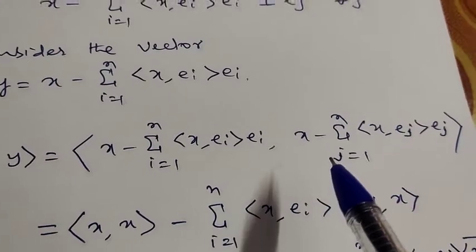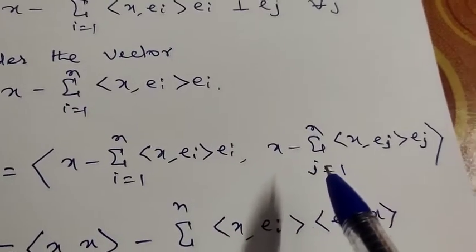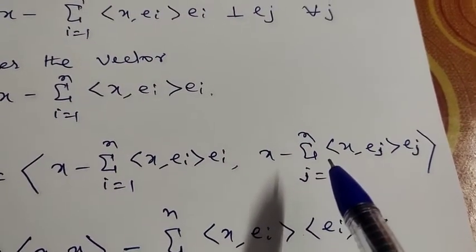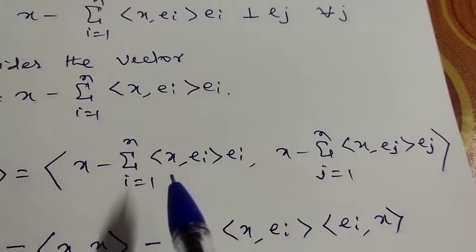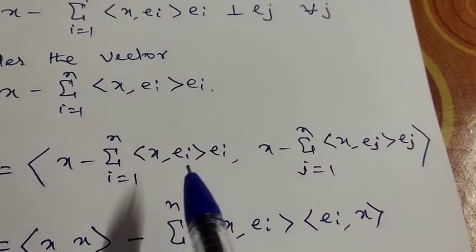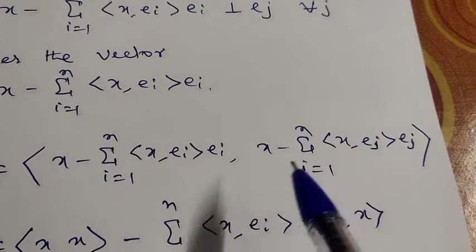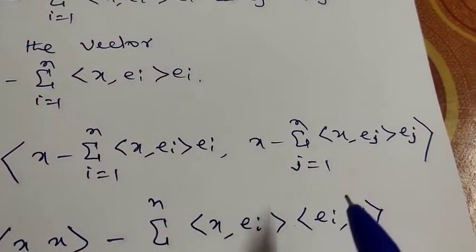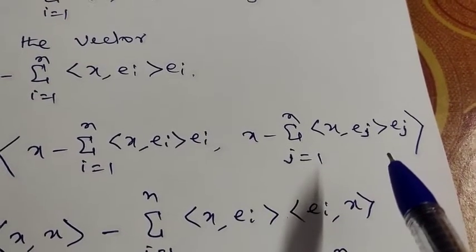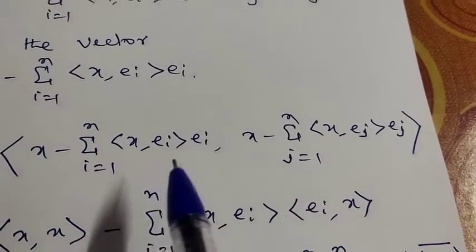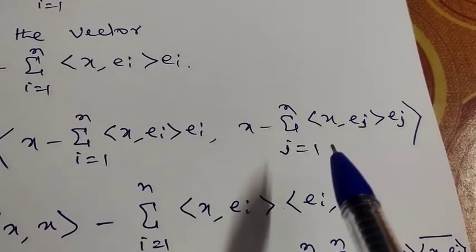So same y I write as x minus summation j equal to 1 to n of (x comma ej) into ej. To differentiate it from the first term, I just use the summation from j equal to 1 to n. It will not affect the sum. Okay, this element and this element are the same ones.